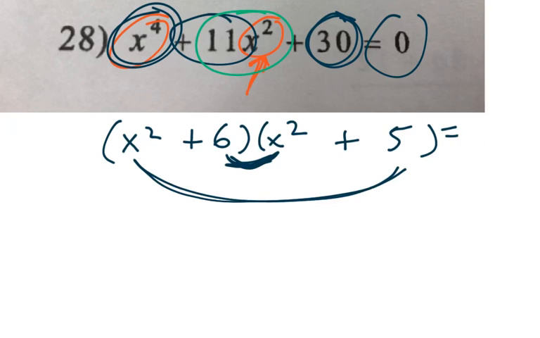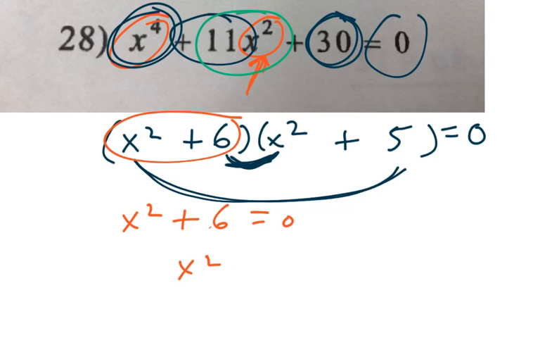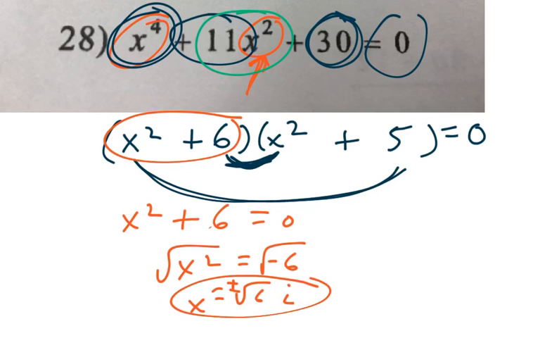And so now we can actually solve this using the zero property like we've always been doing. So right here, how do I make x squared plus 6 equal to 0? Well, that means x squared has to equal negative 6. Oh, when we take the square root, x is going to be the square root of 6i, isn't it? Plus or minus. Okay? So remember, when you take a square root of a negative, guys, that's not ever going to be a real answer.